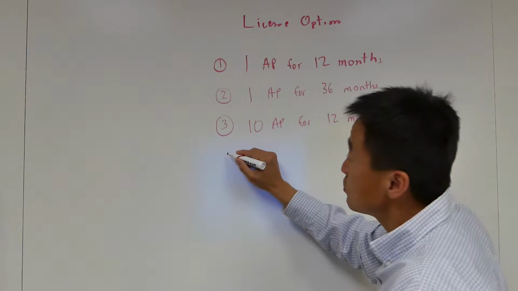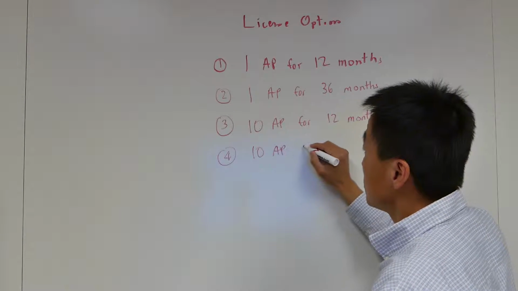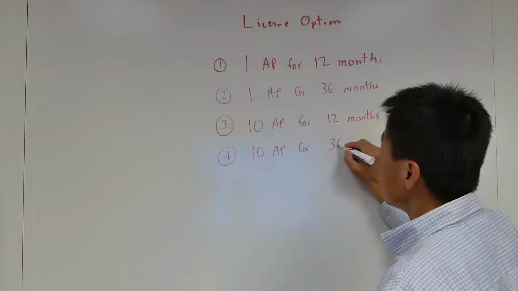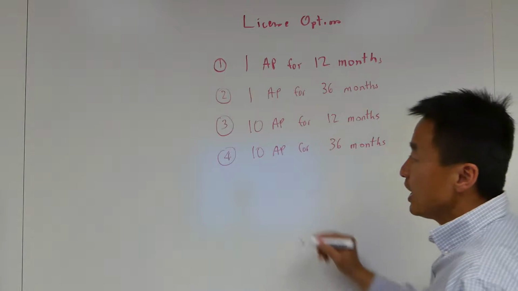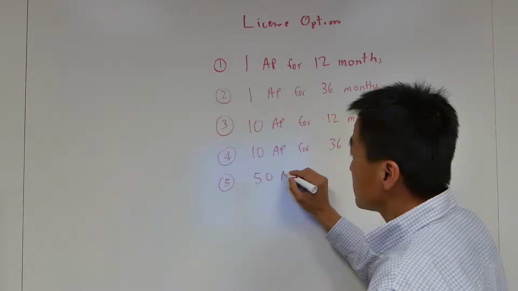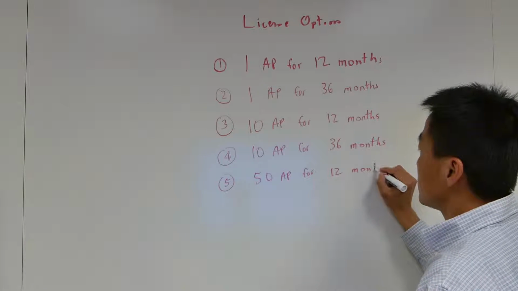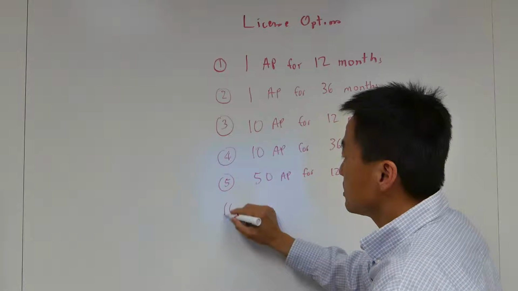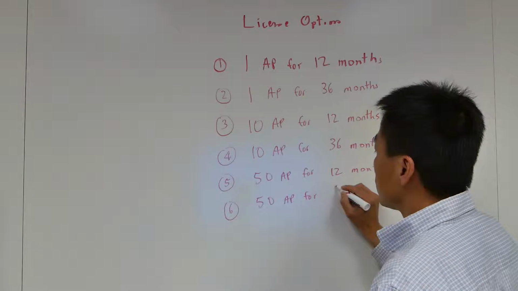The fourth SKU gives you the capability to manage those 10 APs for 36 months. And then the last 2 SKUs are for a bigger deployment: 50 APs for 12 months and 50 APs for 36 months.